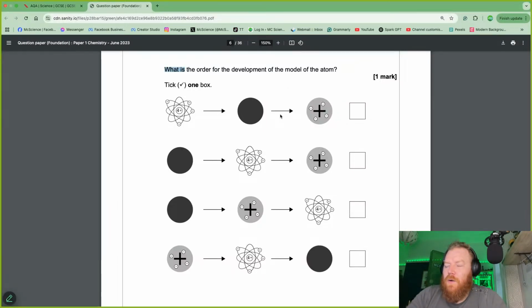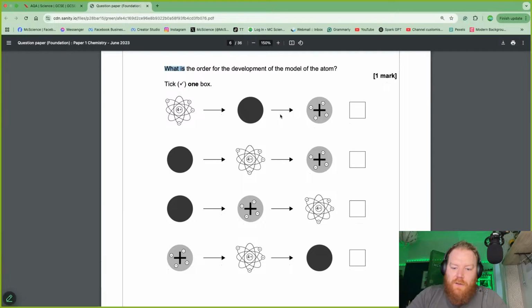So when we're thinking about the history of the atom, the billiard ball always comes first. This was when we first thought the atom was a solid sphere, and then we discovered that it wasn't, and we started looking at what was called the plum pudding model.